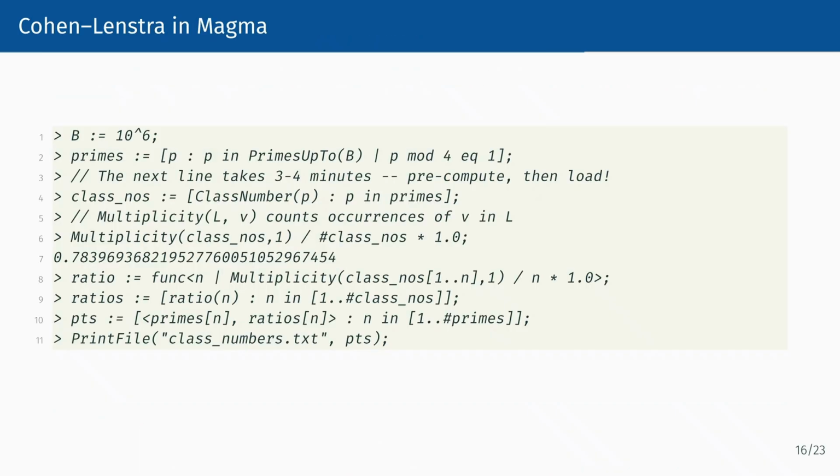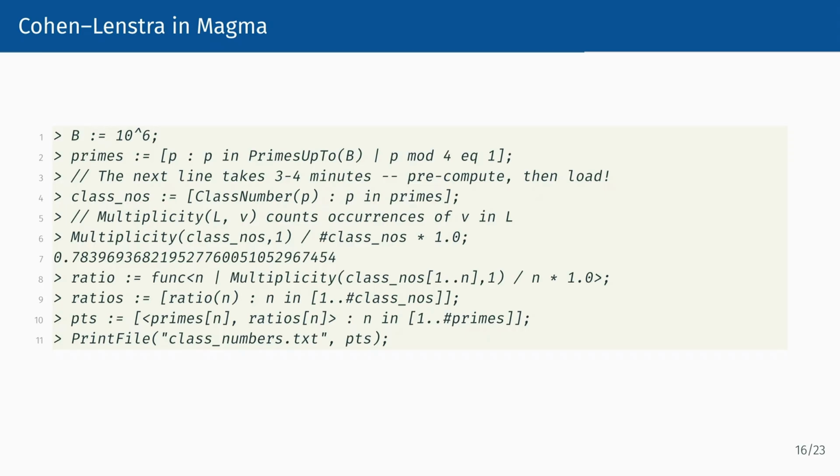Okay, but how can we do that? So here's an example. You choose some bound that's not too small, because as we'll see, convergence is slow for these things. But say take the bound to be 1,000,000.